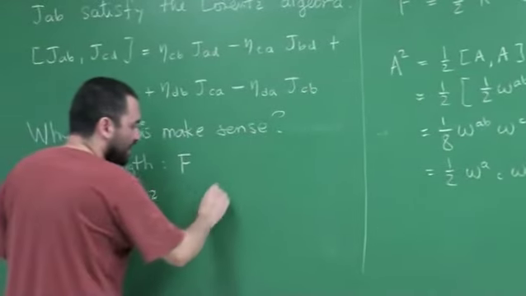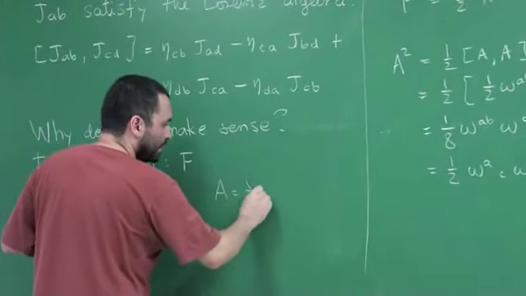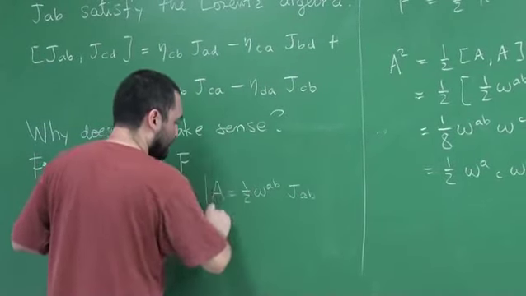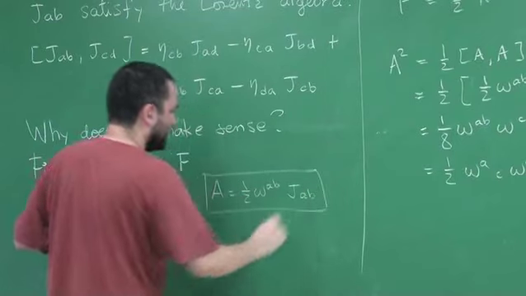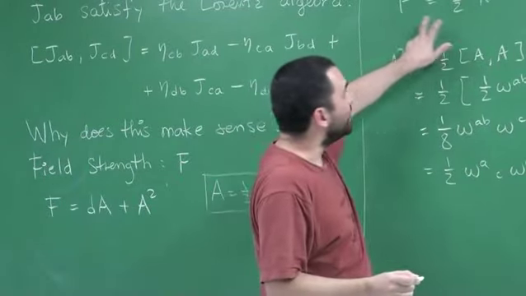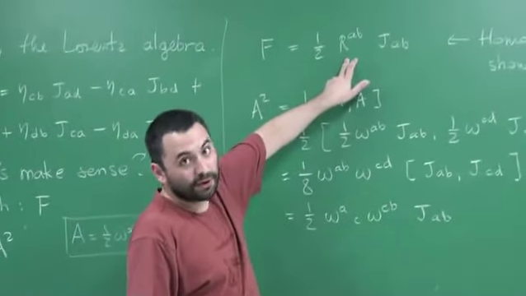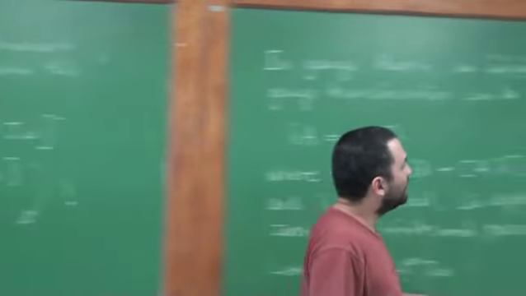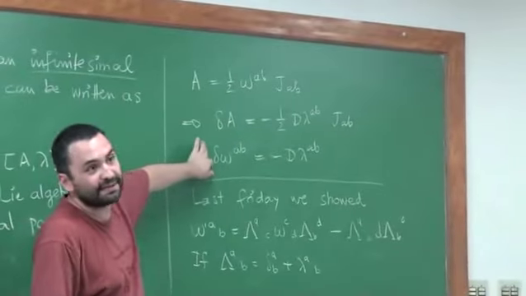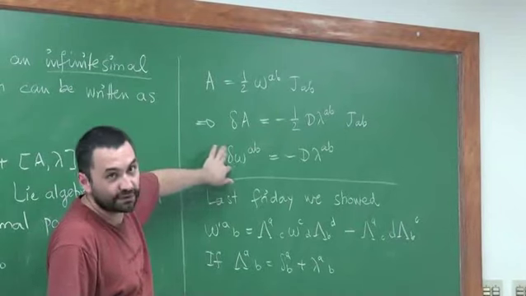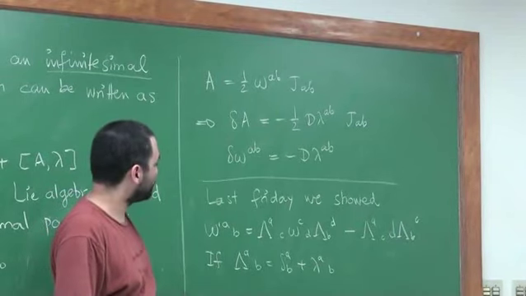The gauge field is the spin connection, like this. The field strength is the Riemann curvature, and the gauge transformations are what you expect, the transformation laws for a connection of the Lorentz algebra.